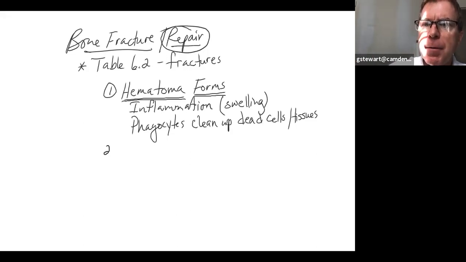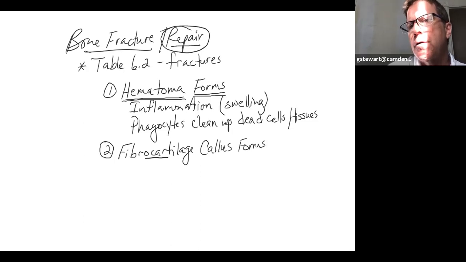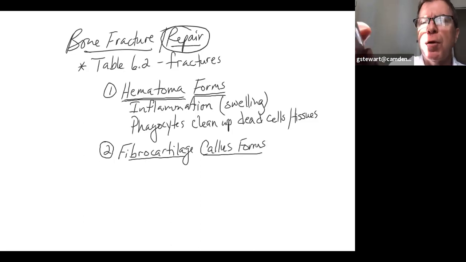Then what starts to happen is phase or stage 2. Fibrocartilage develops; a fibrocartilage callus forms. So during this stage, I'm going to draw a broken bone over here.